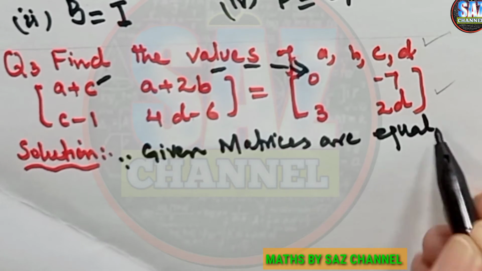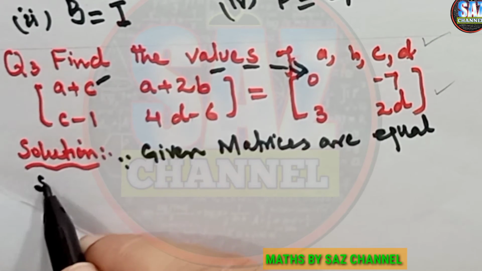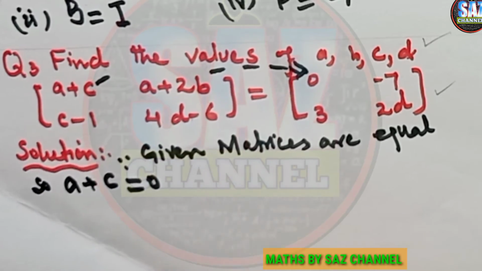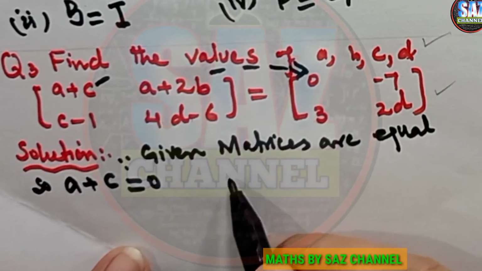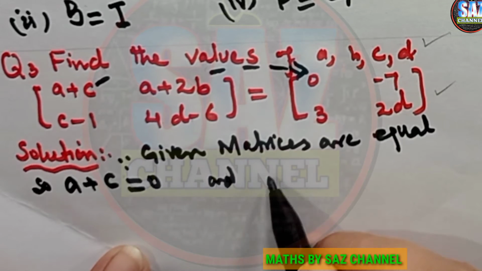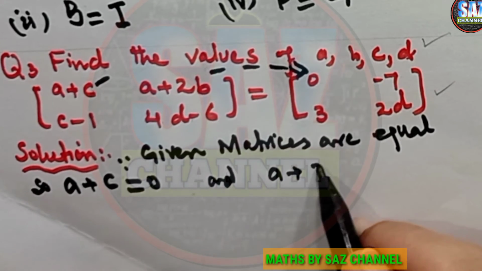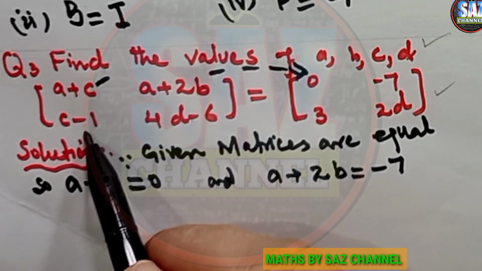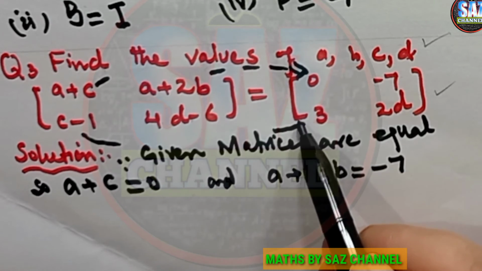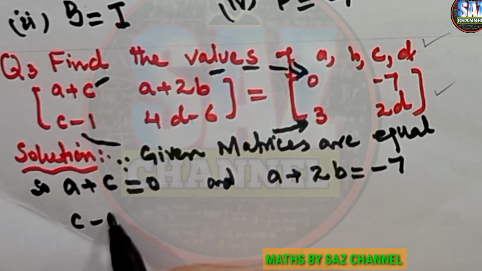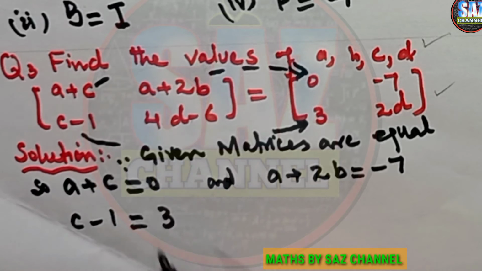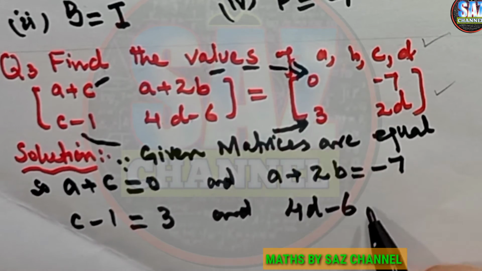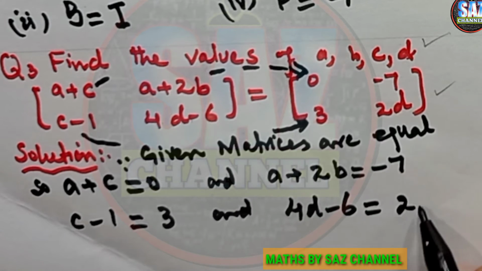So A plus C will be equal to 0, and A plus 2B equals minus 7, and C minus 1 will be equal to 3, and 4D minus 6 will be equal to 2D.